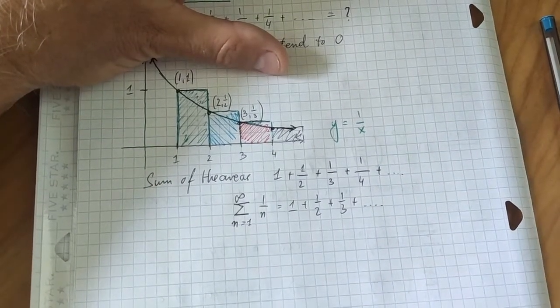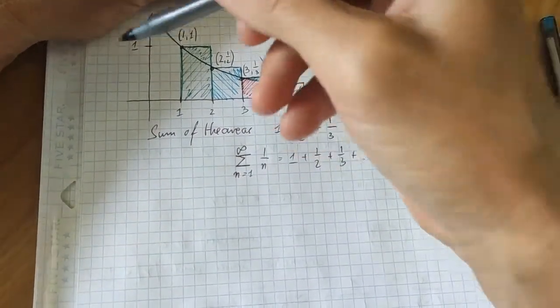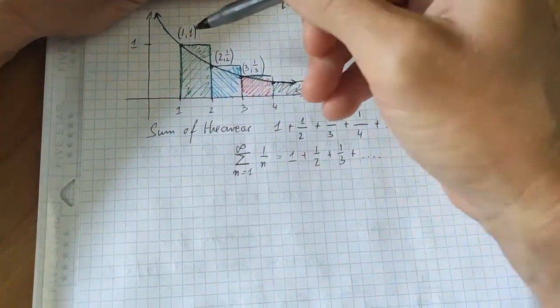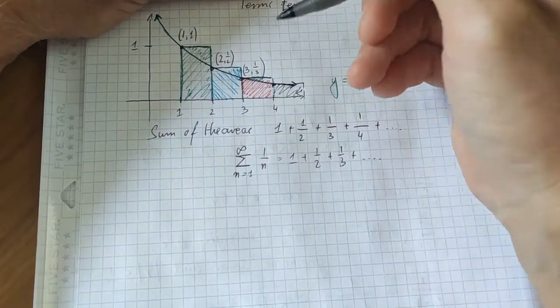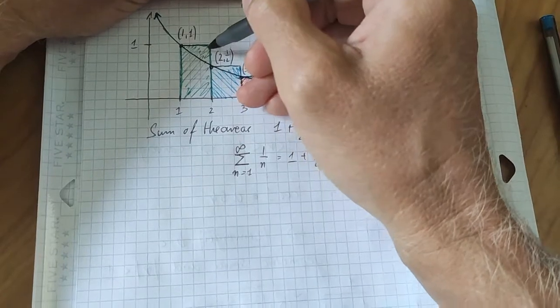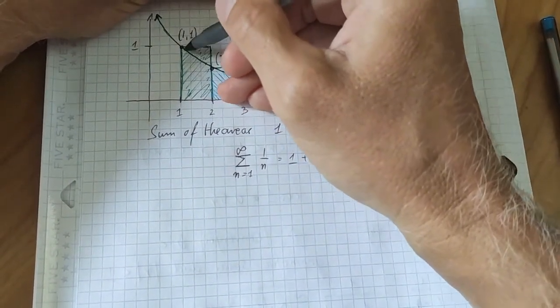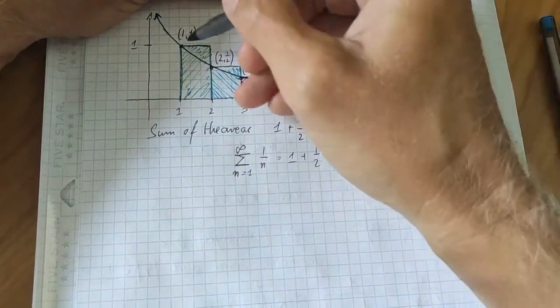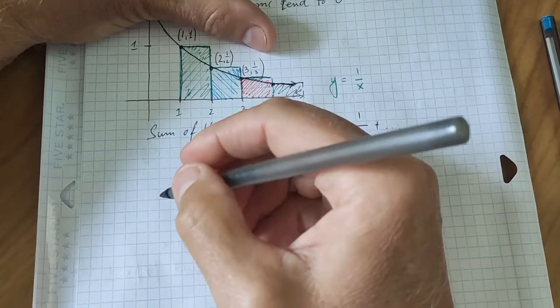Okay, so now we can use calculus, right? We can maybe figure out the area under this curve, right? And then say, well, since the area of the rectangles, we can figure out whether the area under this curve converges or diverges, right?